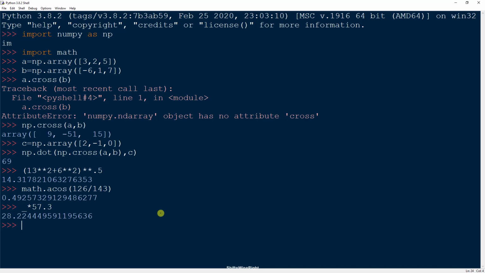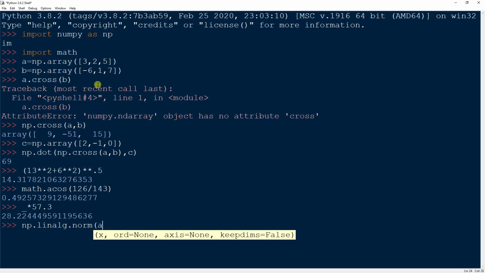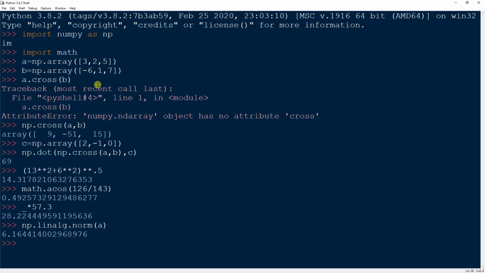So as you can see, I already set up A and B. So the way to calculate the magnitude is this way. In linear algebra they call it norm, so we'll use that. So that's A's magnitude, and we can also do B's magnitude. Okay, so 6.16, 9.27.